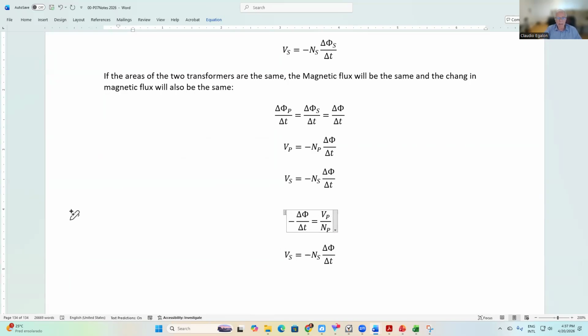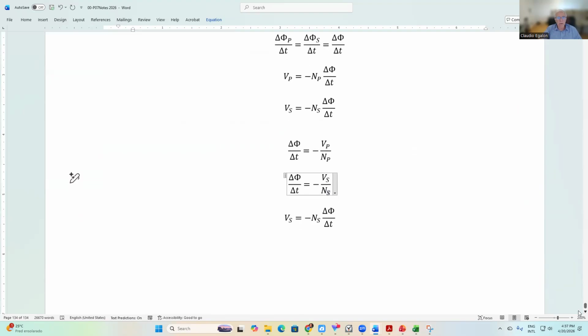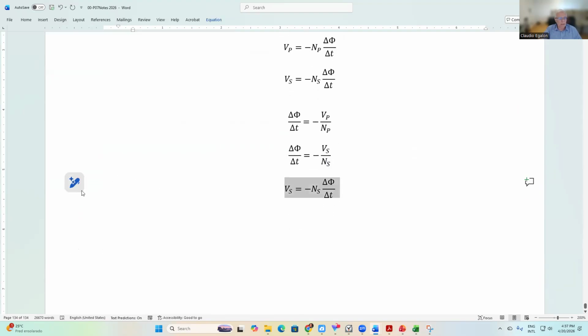I'm going to pass the negative sign to the other side too. And you do the same for the equation of the secondary circuit. I just changed to secondary here. Okay, and now we have this new relation that we didn't know existed.